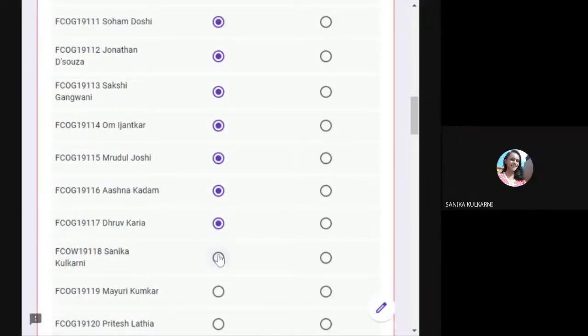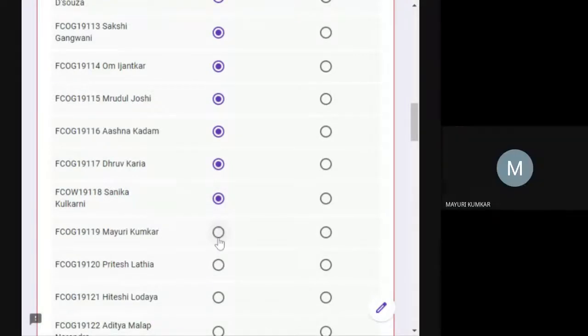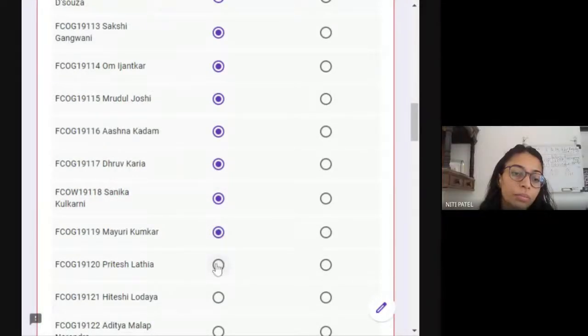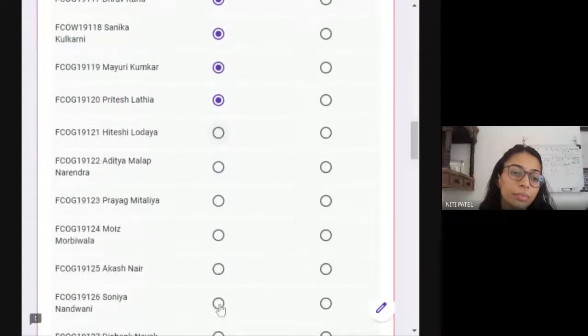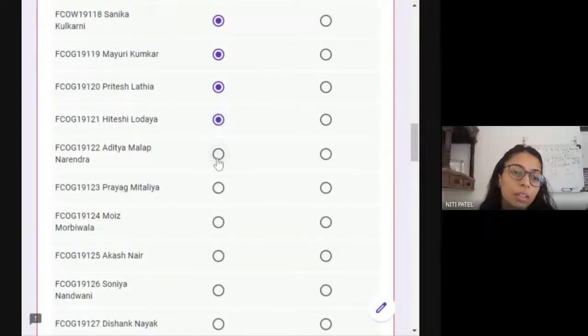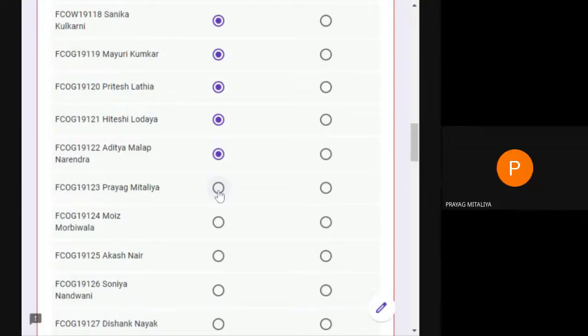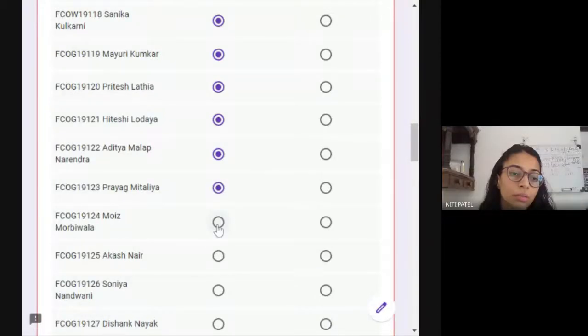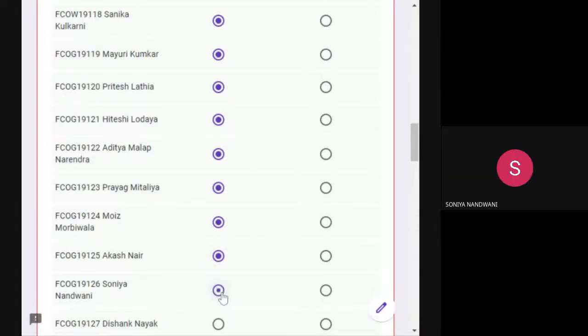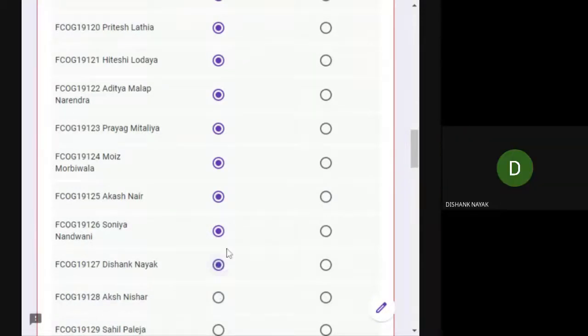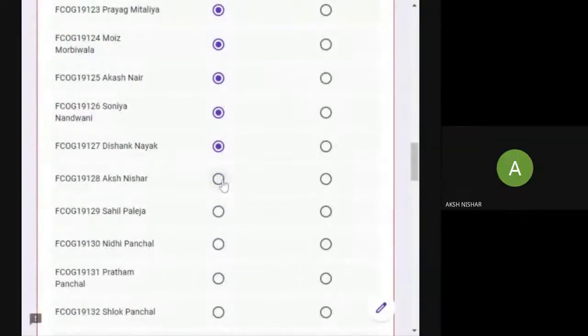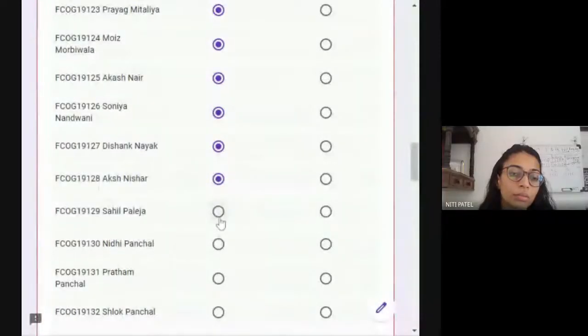Sanika, Present, ma'am. Mayuri, Present, ma'am. Pritesh, Present, ma'am. Hiteshi, Present, ma'am. Aditya. Prayag, Present, ma'am. Moiz, Present, ma'am. Akash, Present, ma'am. Sonia, Present, ma'am. Dishank, Present, ma'am. Aksh, Present, ma'am. Sahil, Present, ma'am.